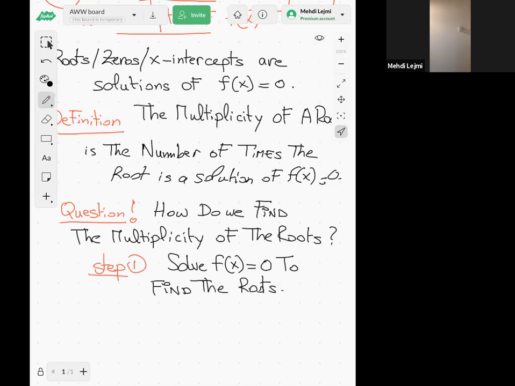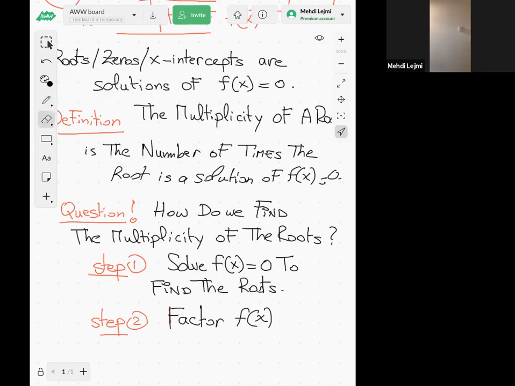And in step 2, because there are different ways to solve f of x equal to 0, you can factor, or use the quadratic formula if you have a quadratic function, etc. But in step 2, you have to factor f of x.